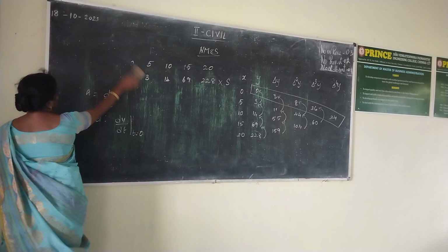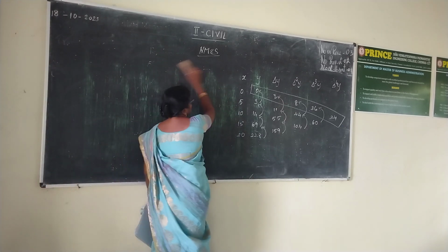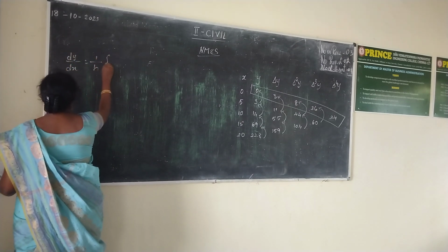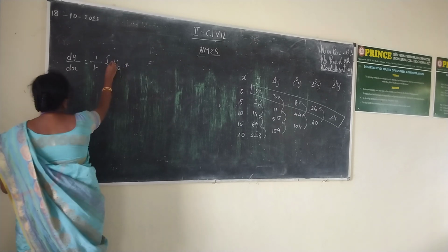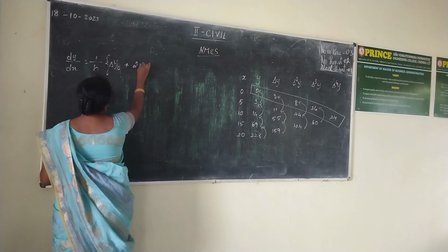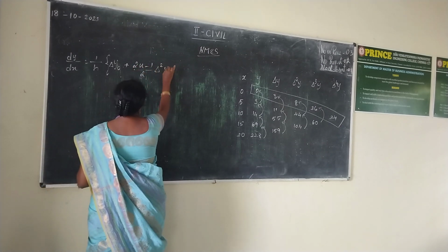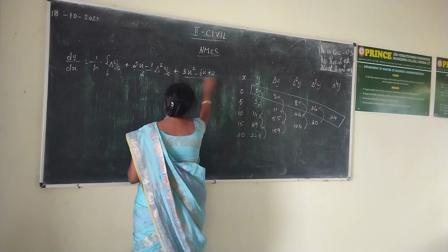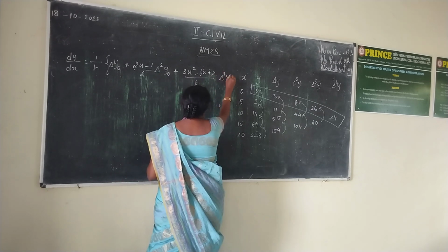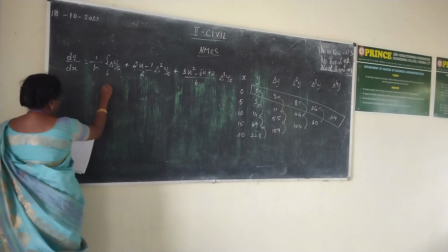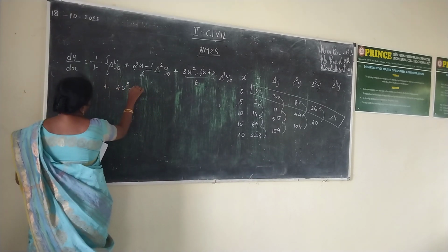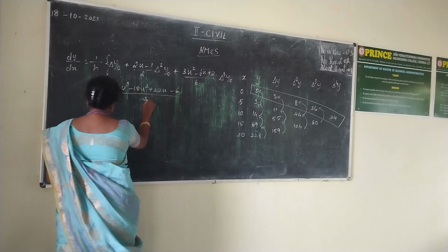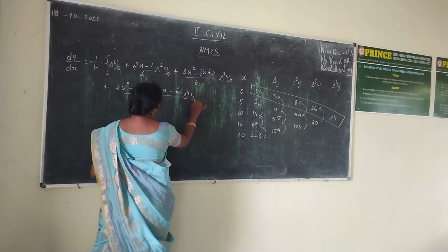We are going to find the first derivative, so that one formula alone is enough. dy by dx is equal to 1 by h into del y naught plus (2u minus 1) by 2 into del square y naught plus (3u square minus 6u plus 2) divided by 6 into del cube y naught plus (4u cube minus 18u square plus 22u minus 6) divided by 24 into del power 4 y naught plus etc.